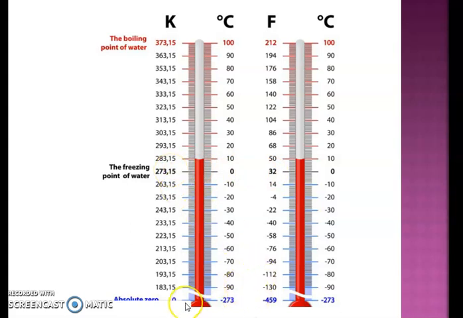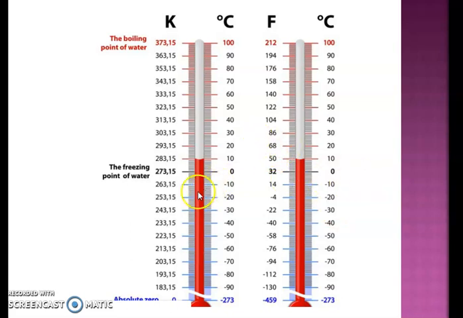Absolute zero on the Kelvin scale is 0 Kelvin, while on the Celsius scale it is minus 273 degrees Celsius. And absolute zero, the lowest possible temperature where the movement of particles stops, is minus 459 degree Fahrenheit on the Fahrenheit scale.